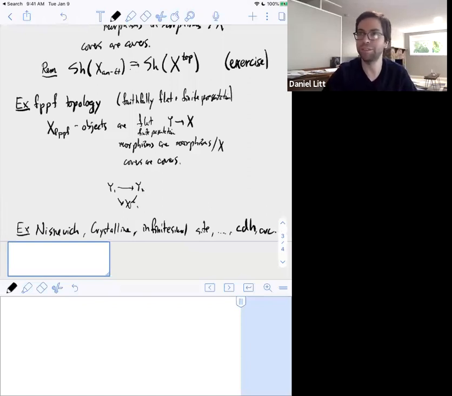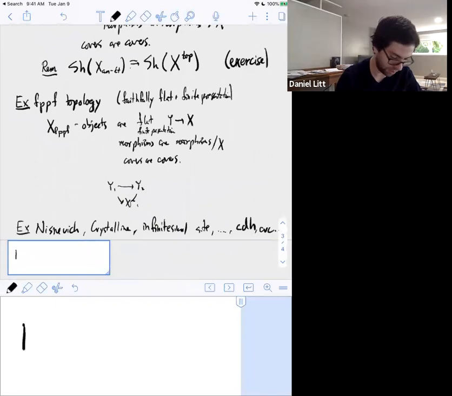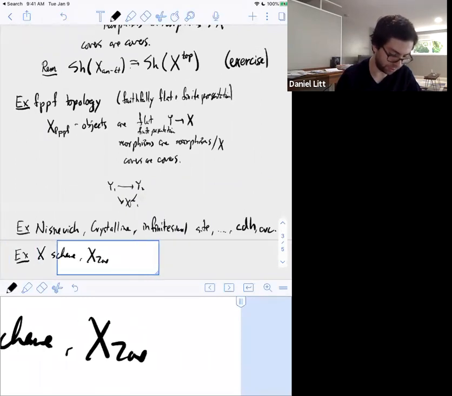Oh, so Sophie asks, what is the Zariski topology? That's a great question. So let me give you that example. If X is a scheme, then the Zariski topology, well, let me do the small Zariski topology.